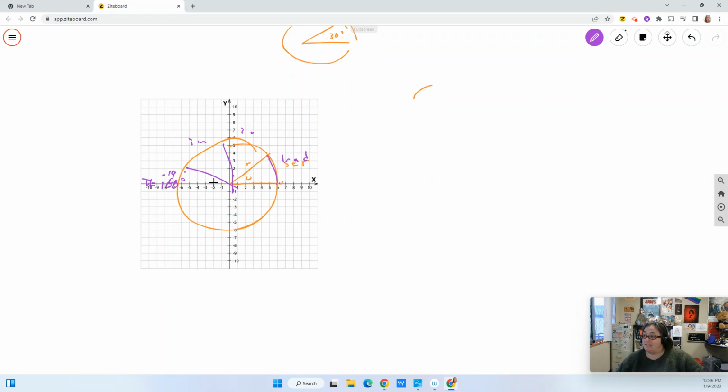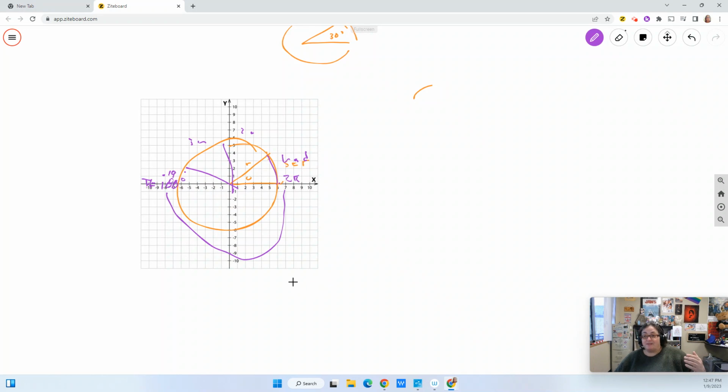So that distance from here all the way around to here is pi, which is 3.141596 and so on, forever. So that's where pi comes from. It is the distance halfway around the circle. Now, if we went all the way around the circle, I'm drawing terrible pictures, we would have 2 pi.